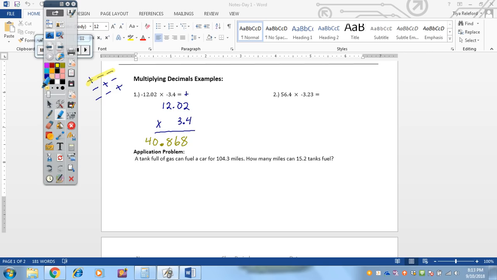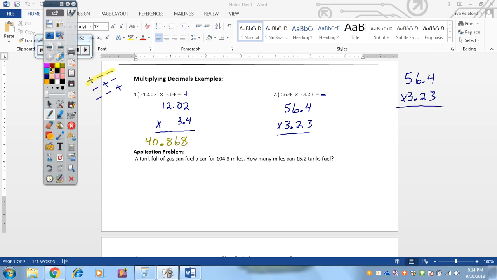So my answer is negative. Put that negative sign before you forget. Now go ahead and do your multiplication. And I'm going to do mine off to the side. You might have to do yours on scratch paper also.